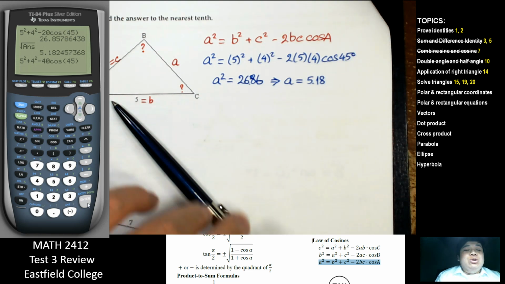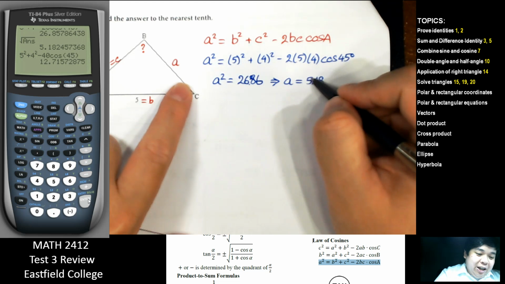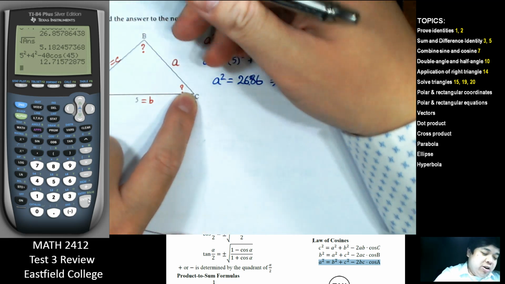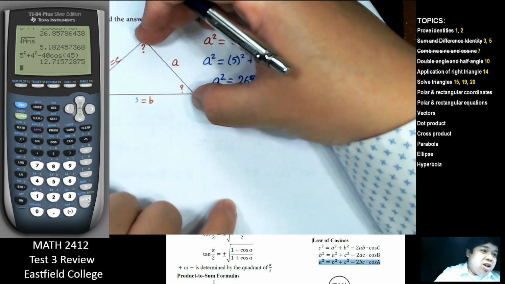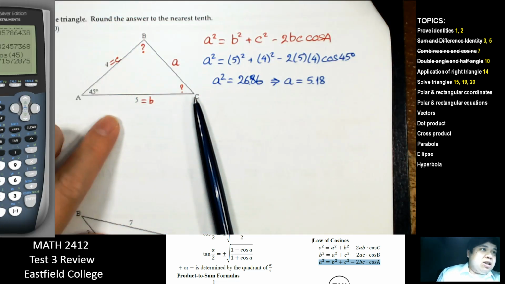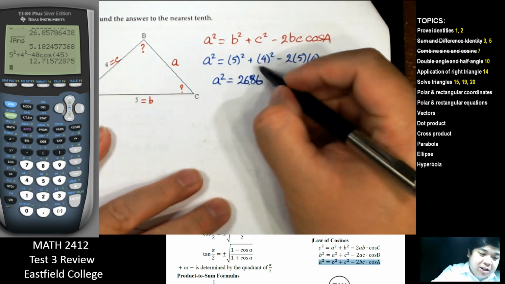So as you see, this is a demonstration that if we have 5.18, this will not work because that is the biggest side and it cannot face that angle. So 45 degrees cannot be the biggest angle. So I know I make a mistake.